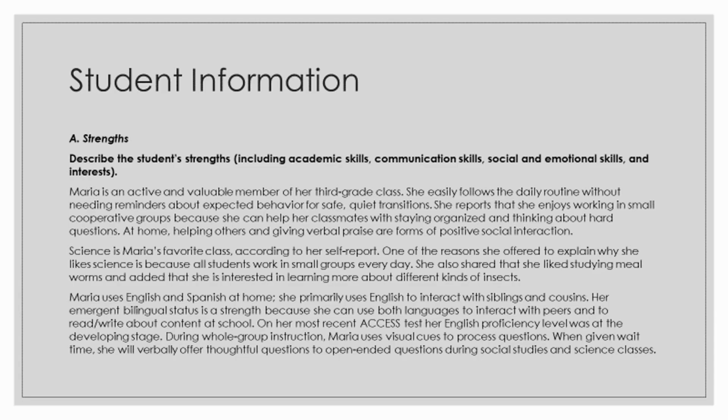Include strategies that have been effective in improving the student's academic achievement and functional performance and increasing their access to general education. Parents are important members of the IEP team and are encouraged to share student information.